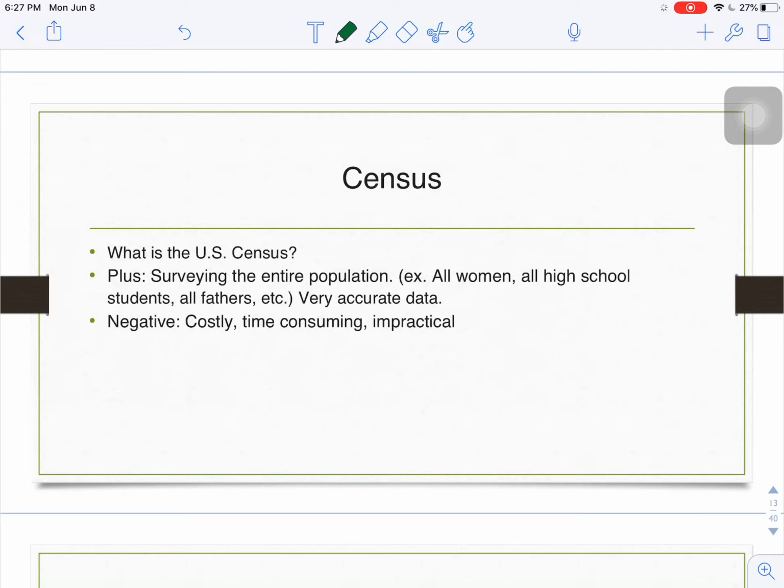We have the U.S. Census. The U.S. Census is pretty much the only time we ever really see a population on a mass scale being surveyed. It includes all women, all high school students, all fathers, etc. And it's very accurate data because I don't know if any of you have not turned in your U.S. Census data.